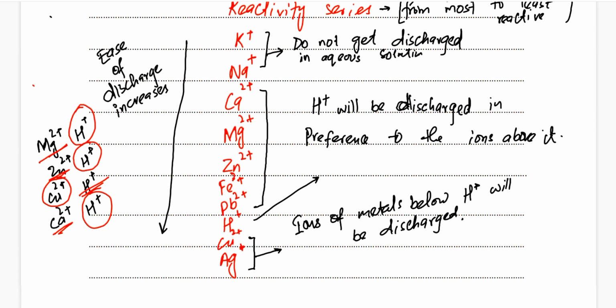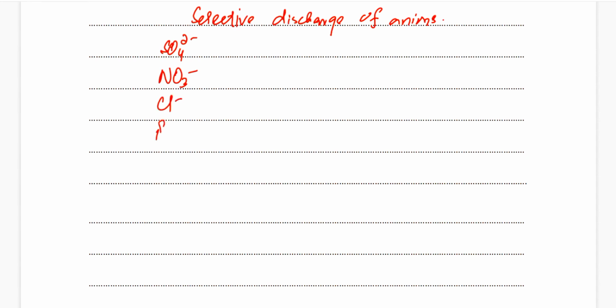Okay, now we are moving towards the selective discharging of anions. I'm writing here some of the famous anions: sulfate SO4 2-, nitrate NO3 -, then we have chloride, bromide, iodide, and hydroxide.